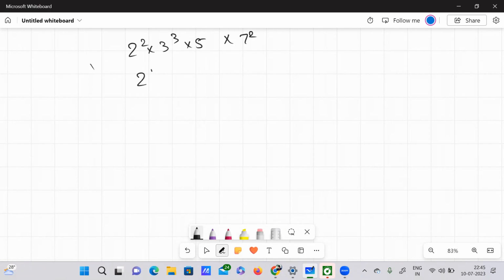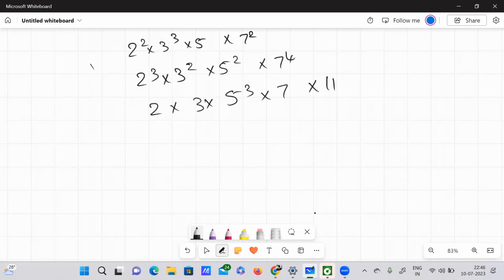We are also given 2 cube into 3 square into 5 square into 7 to the power of 4. And 2 into 3 into 5 cube into 7 into 11. So we are given these numbers and we need to calculate the LCM here.